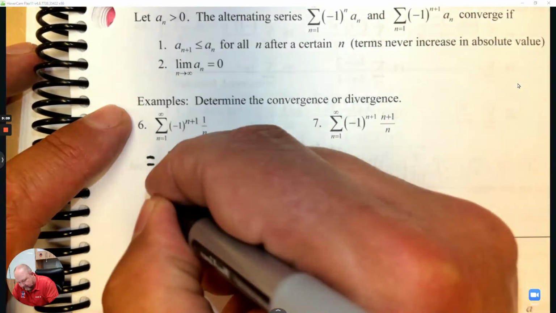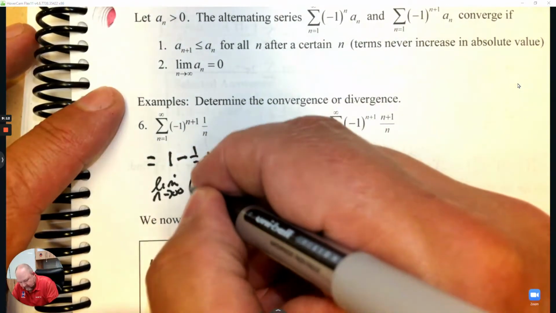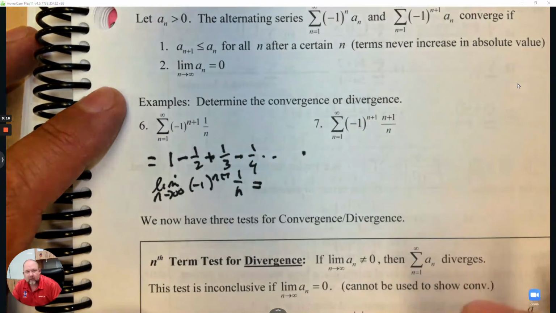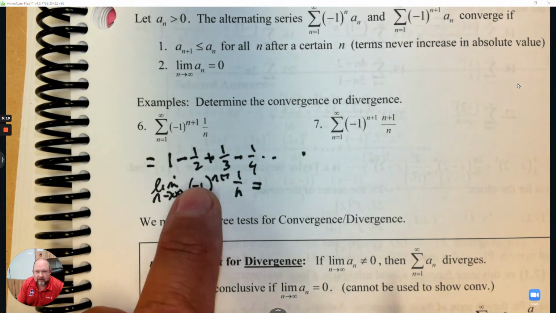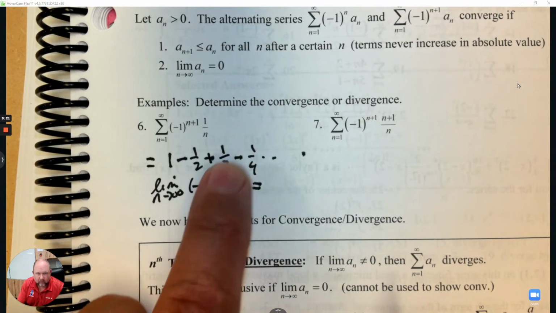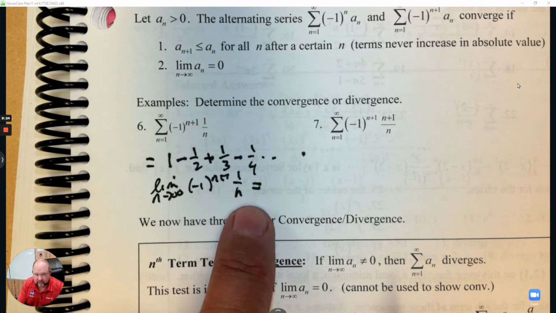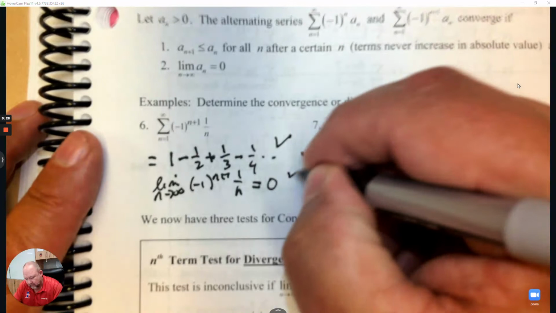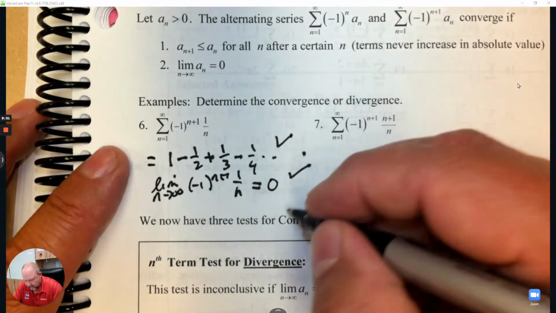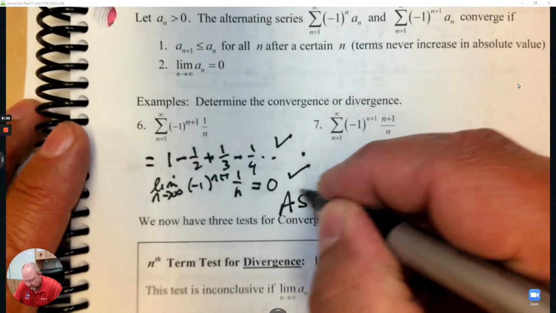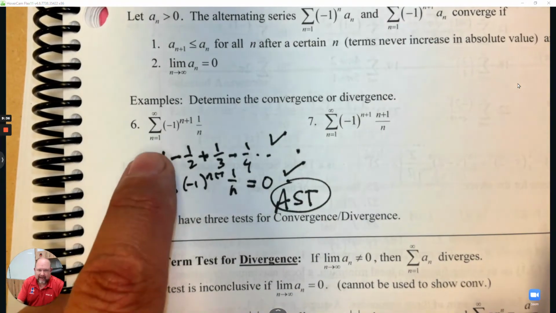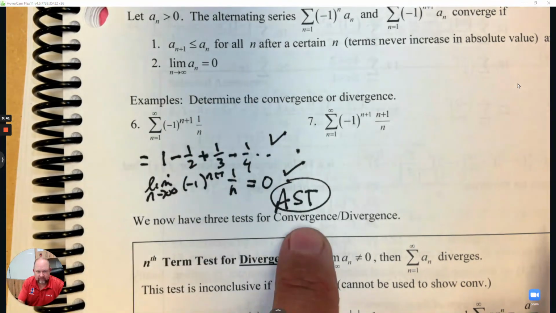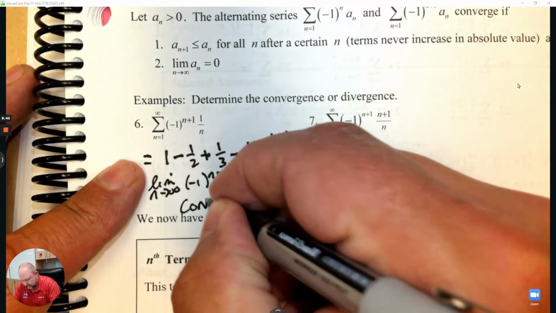The limit as n approaches infinity of this, negative 1 to whatever, I'm not worried about, but 1 over n, is that going to 0? When the bottom is more powerful than the top, it is. And so it meets both criteria. And we call this the alternating series test. So the absolute value of every term is decreasing and the limit is going to 0. By the alternating series test, this converges.